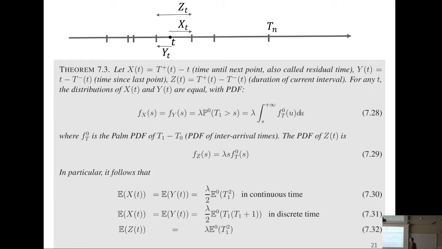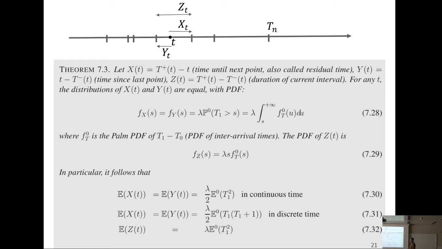The more usual way would be this one: lambda times the integral from S to plus infinity of the PDF of that interval between two events. Here, I'm not assuming the events are IID or exponential or independent or anything, but stationary. So the distribution of Tn minus Tn-1, of this interval, is the same as that one here, and it has a PDF which is given by this. So if we apply this, we obtain this formula.